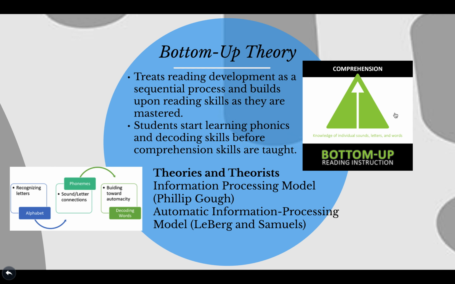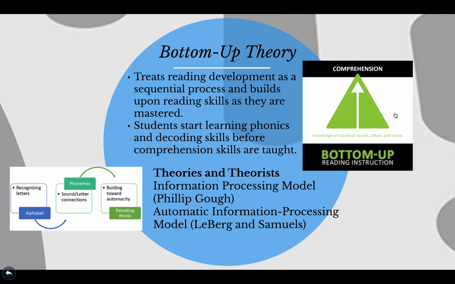Several theorists created theories that support the bottom-up approach. These theorists and theories include Philip Gough with the information processing model, and also LaBerge and Samuels, who created the automatic information processing model.